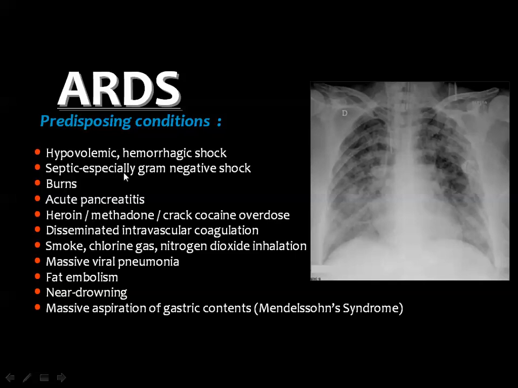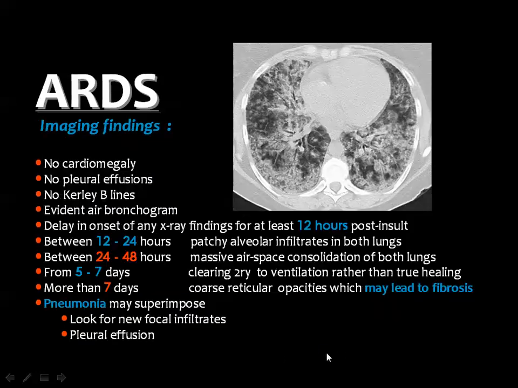And here we have the hypovolemic or hemorrhagic shock, the septic shock, burns, acute pancreatitis, heroin and other drug overdose, disseminated vascular coagulation, chlorine gas, nitrogen dioxide inhalation, massive viral pneumonia, fat embolism, near drowning, and massive aspiration of gastric contents.